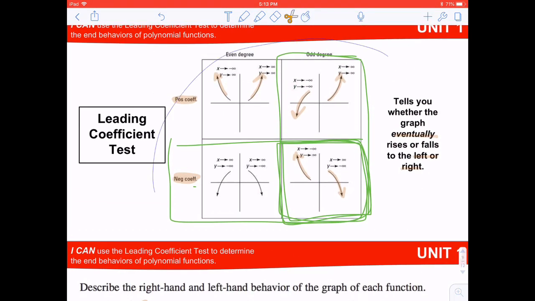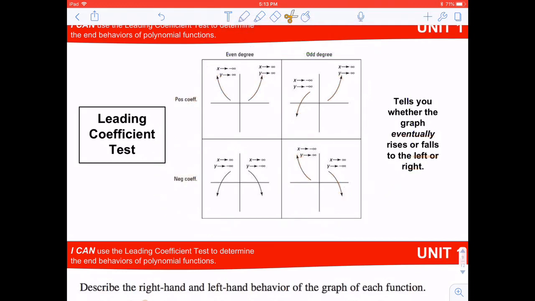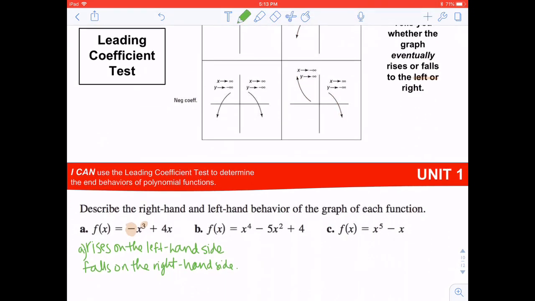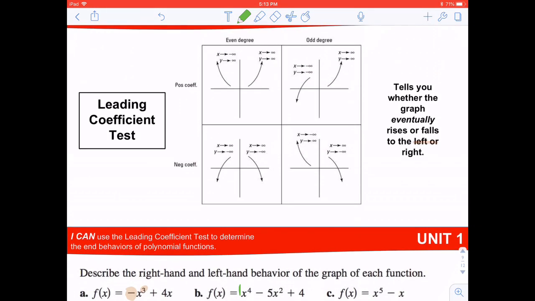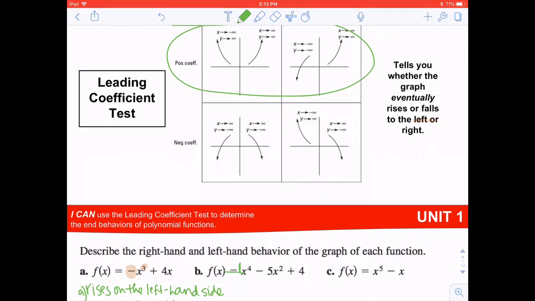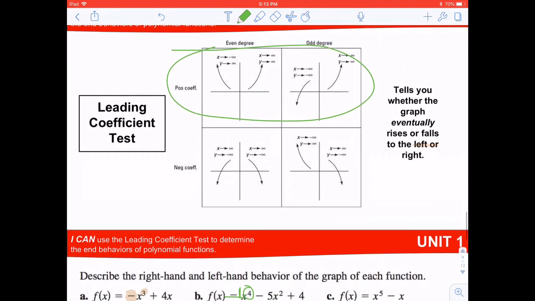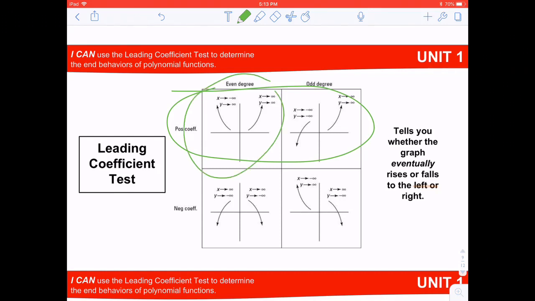So let's try this again for part B. We look at the leading coefficient, and that is just a +1. So we're looking at positive coefficients here. And then we look at the degree, we see that it's an even degree. So then this is the behavior.